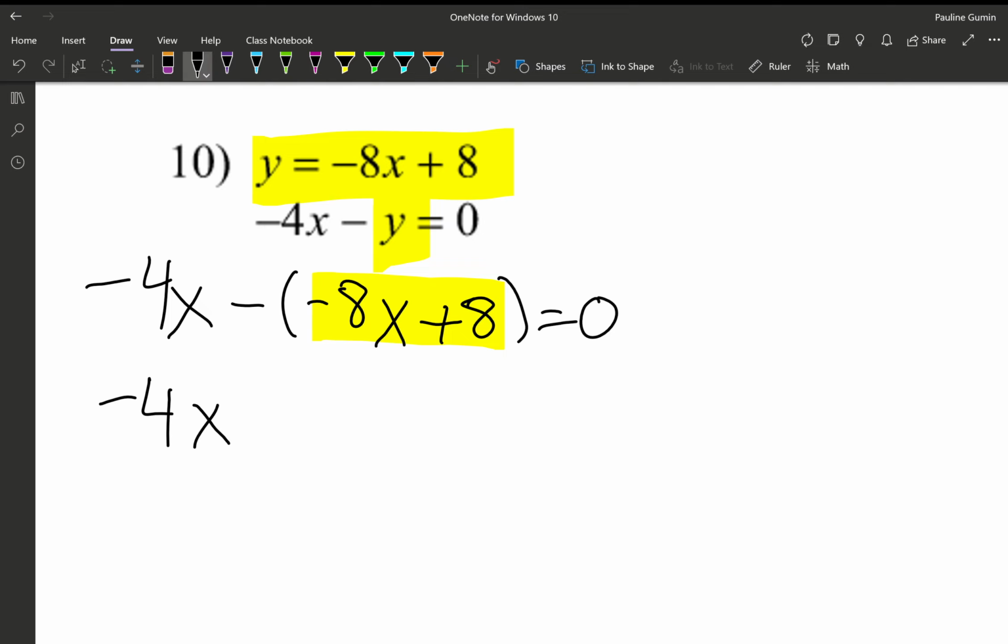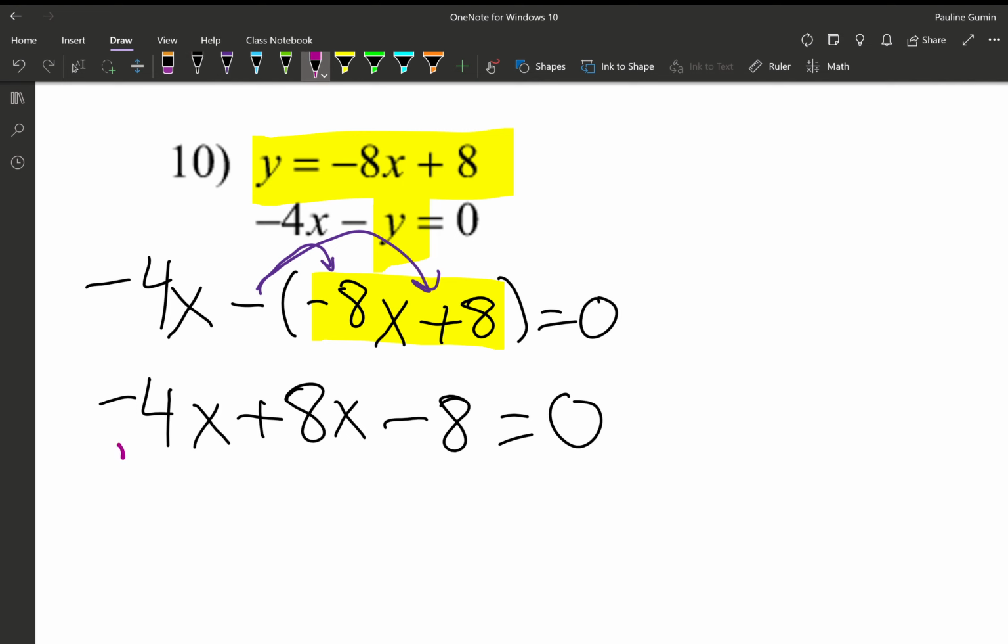Do you know what invisible number is in front of the parentheses? If you thought to yourself negative 1, you're right. Negative 1 times negative 8x is positive 8x. Negative 1 times positive 8 is negative 8. And it equals 0.